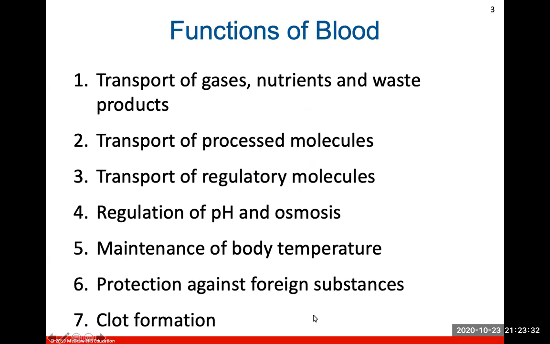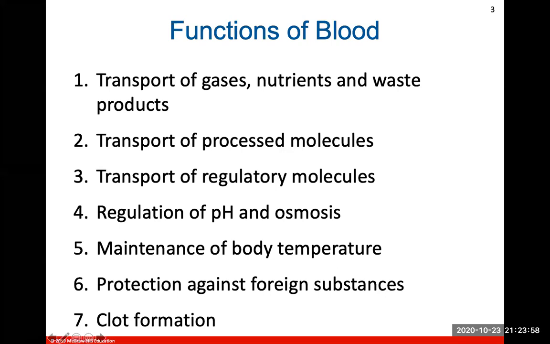So here are the listing of the functions of blood. It works to transport gases, oxygen, carbon dioxide, nutrients, waste products, hormones, the transport of processed molecules, regulatory molecules such as hormones. We covered that last time. Blood helps to regulate pH and osmosis, the maintenance of body temperature, protection against any foreign substances.